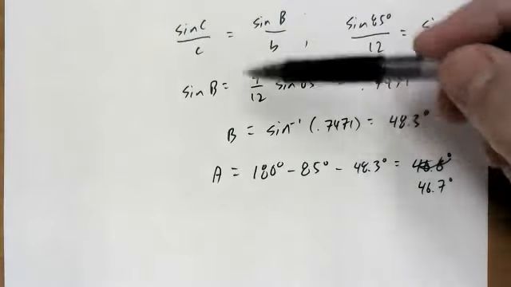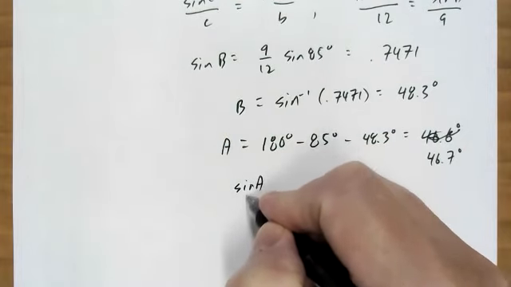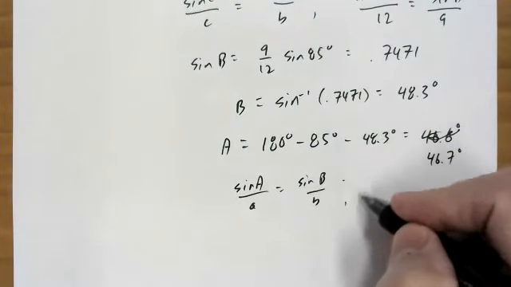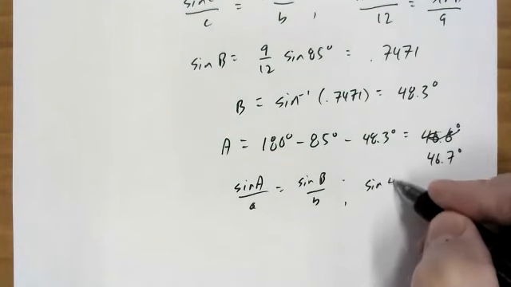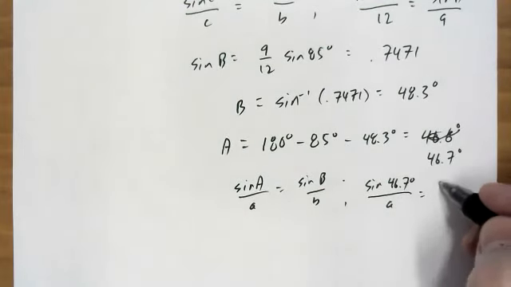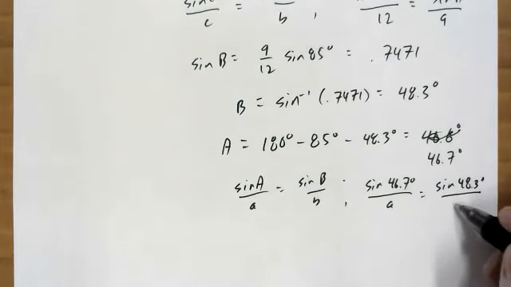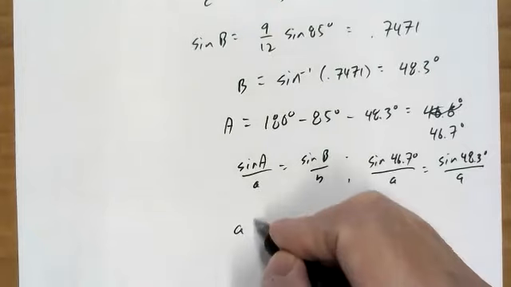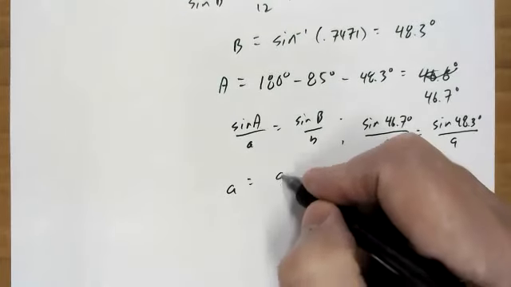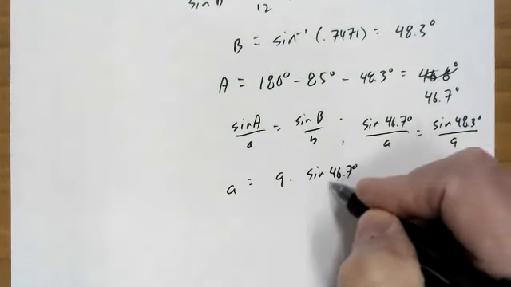Now, the last thing I need to find is side A. So I'll say sine of A over A is sine of B over B. Angle A is 46.7 degrees over side A. Angle B is 48.3 degrees over 9. So side A is going to be 9 times sine of 46.7 degrees.